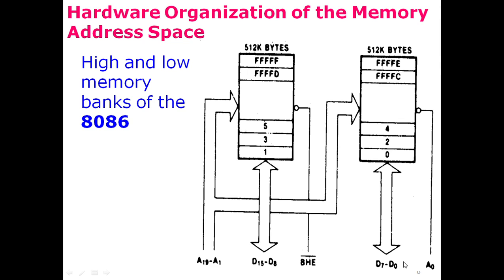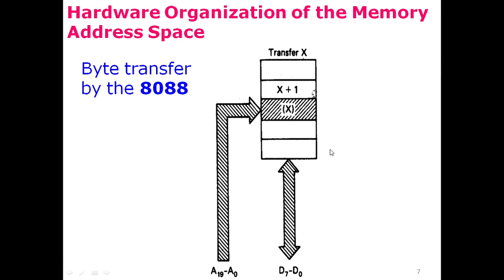So these bits can either select both of these banks, or select either one of the two banks. For example, if A0 is 0, then the low bank will be selected. If bank high enable is 0, then the high bank will be selected. And if both A0 and bank high enable are 0, then both of the banks would be selected.